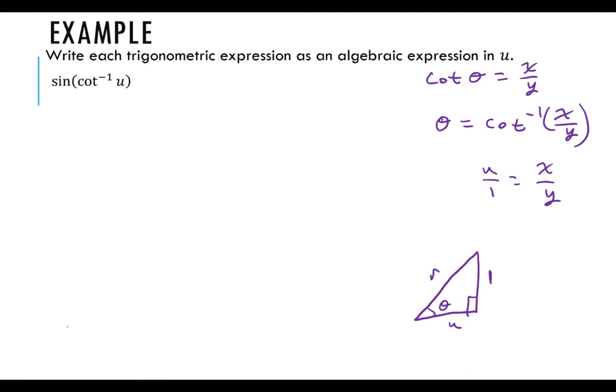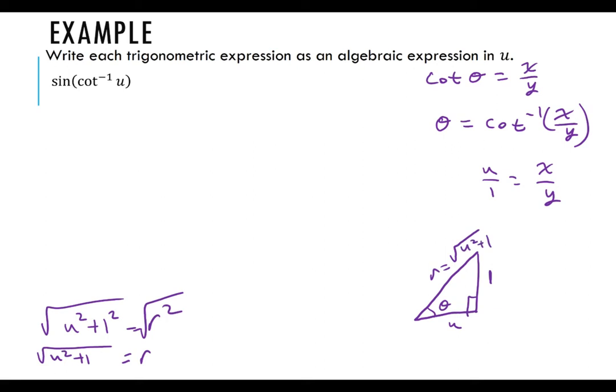And so I can remember that u squared plus 1 squared is equal to r squared. And so just take the square root of both sides. That gives me that r is equal to the square root of u squared plus 1. And so now this is the square root of u squared plus 1.